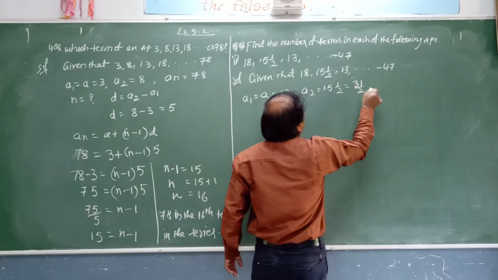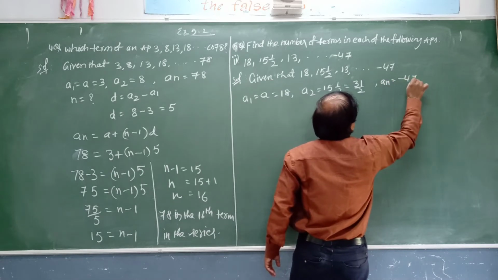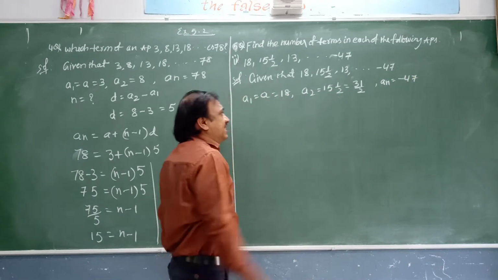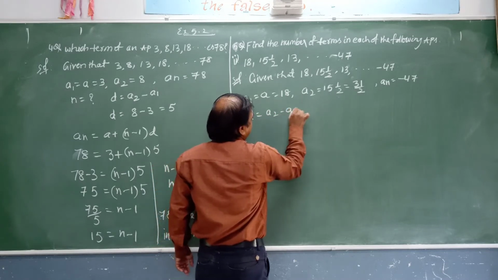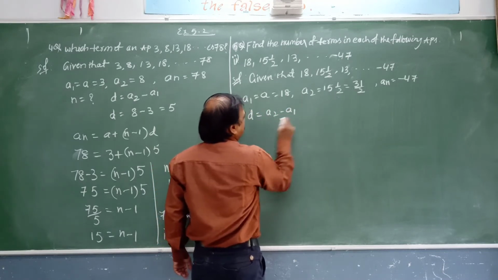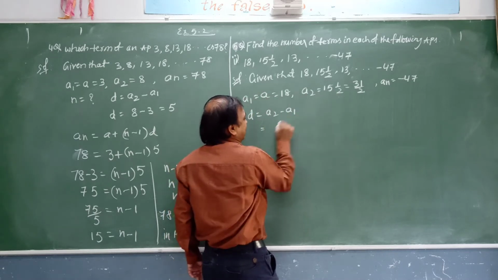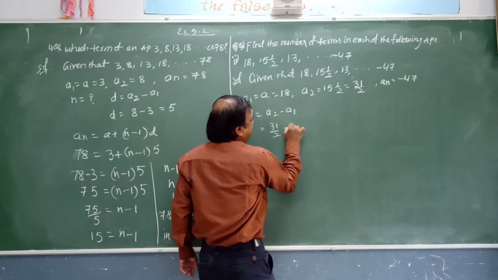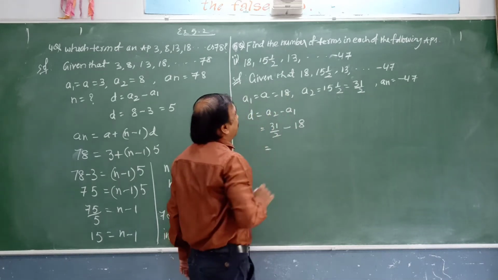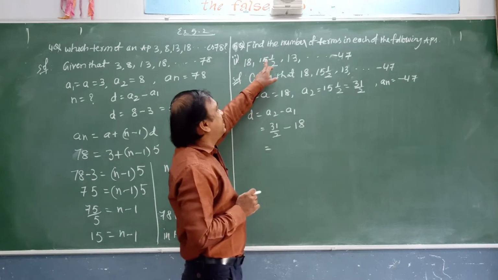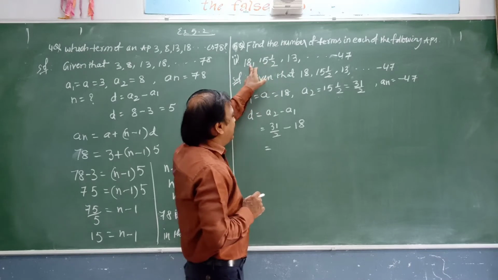Then an is equal to minus 47, and d is the common difference which we need to find out: a2 minus a1.